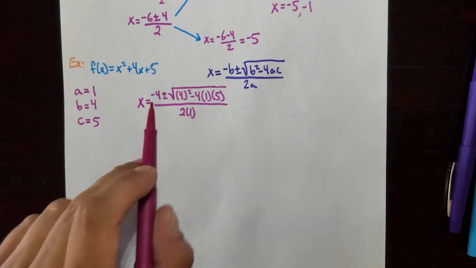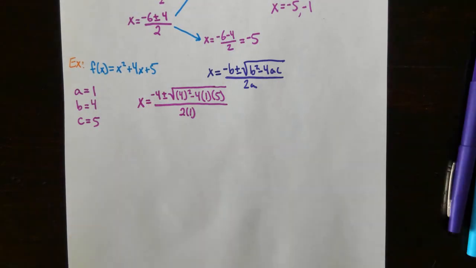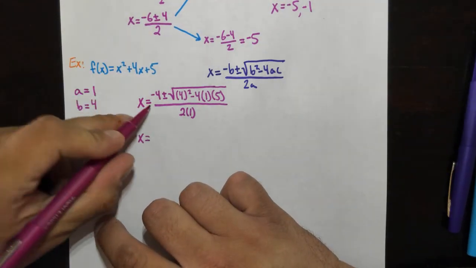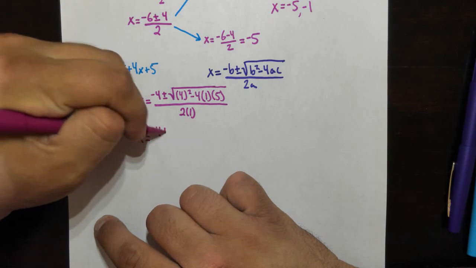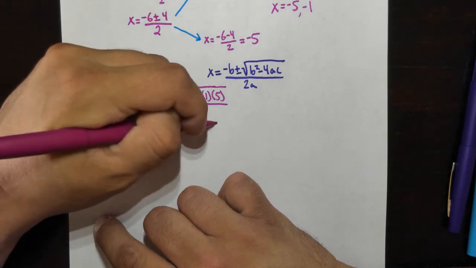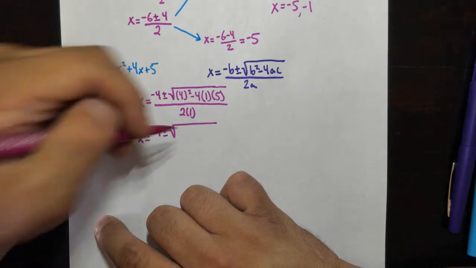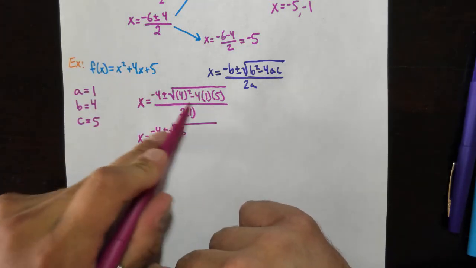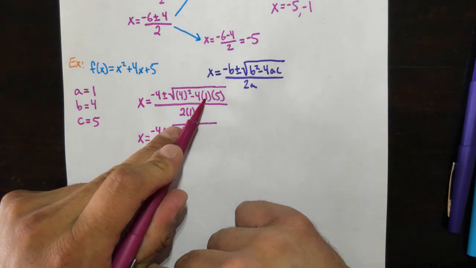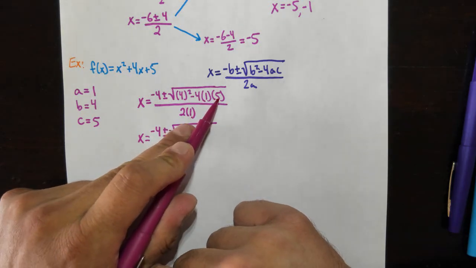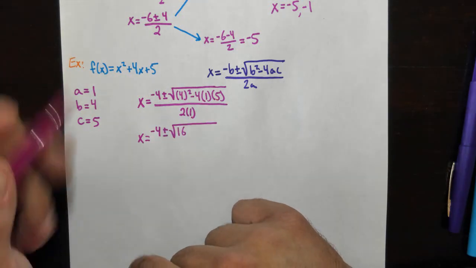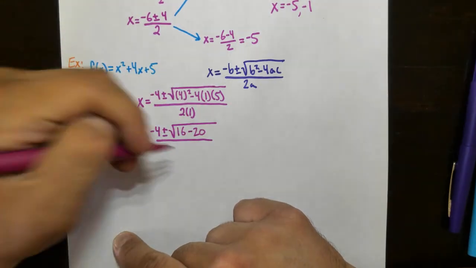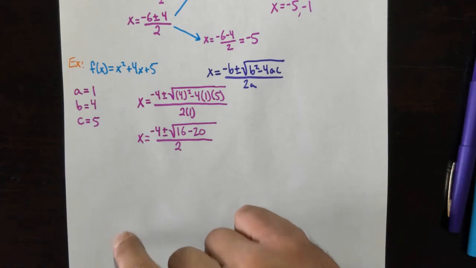Remember, just like we read a book, top left to right, and then the next line from left to right. So x equals -4, nothing to do out there, plus or minus the square root of 4 squared is 16. Then remember I like to do this all at once. -4 times 1 is -4. -4 times 5 is -20. All over 2 times 1, which is 2.